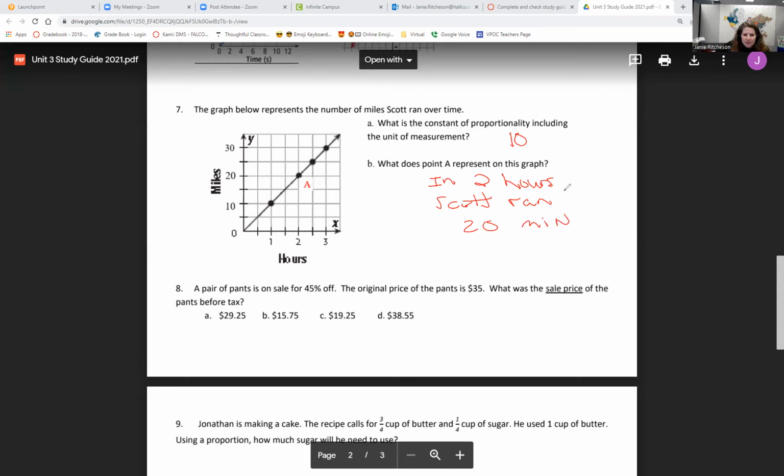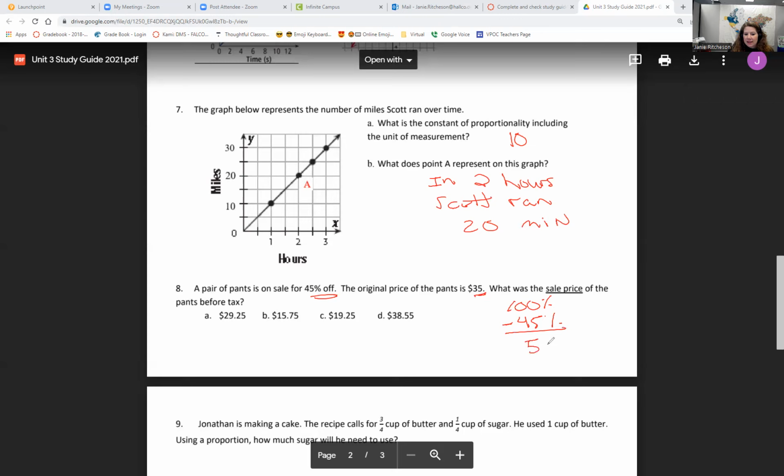All right. Number 8, a pair of pants is on sale for 45% off. The original price was $35. What was the sales price? Well, if they took 45% off of the original price, so $35 is 100% of the original price, and we're subtracting away 45%.